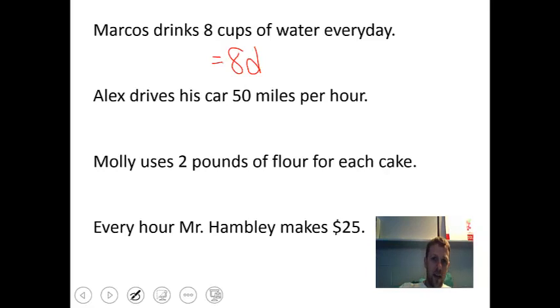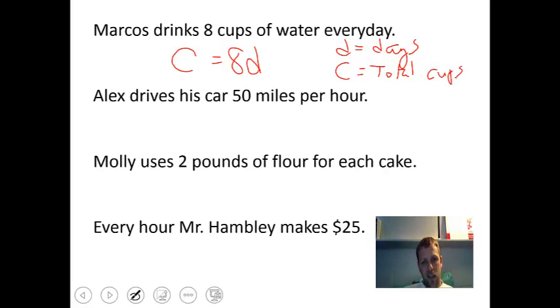It's actually the slope. All right, so we know that he is able to drink a certain amount of cups after a certain amount of days. So D would represent the number of days, and C would represent the total amount of cups.